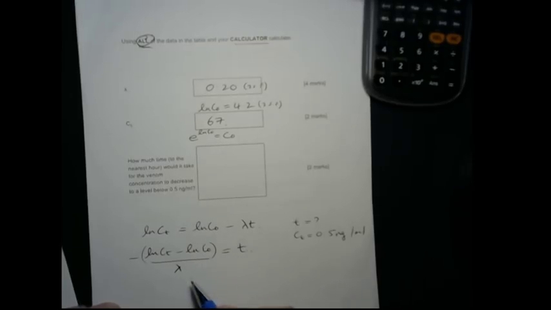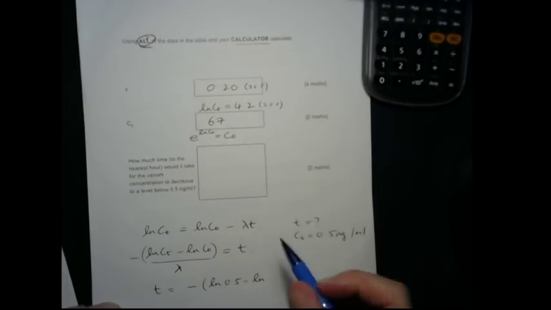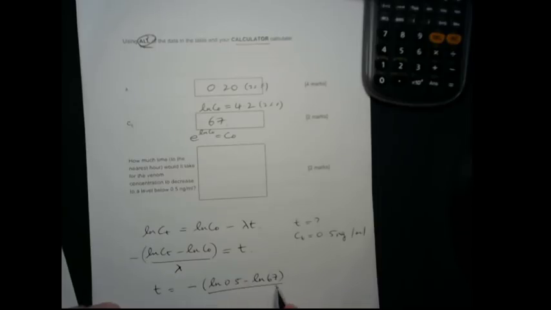Right, so let's plug the numbers in. t is equal to minus ln, remember what Ct is? 0.5, minus ln of C0, which is 67, all over 0.2.